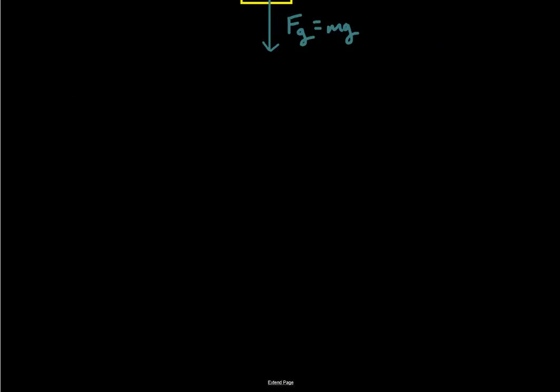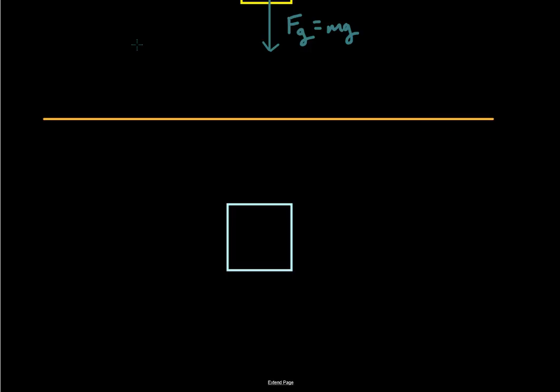But where it gets more interesting is if these tension forces are acting at angles, because then a little bit of math comes into play. So let's imagine that instead of hanging straight up and down, we've got a box on here, and we can take some lines here, and we can attach cables like so. And we can throw in some angle, and at first we'll make them equal.